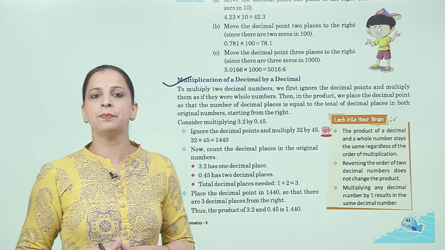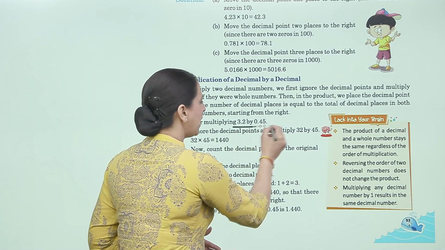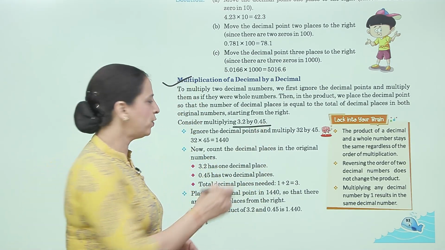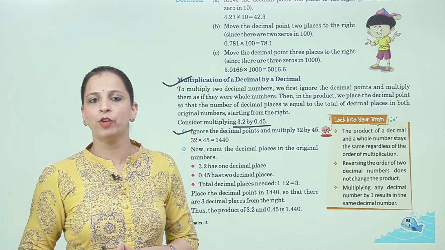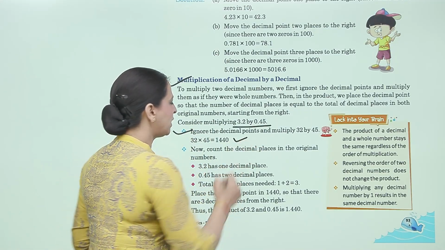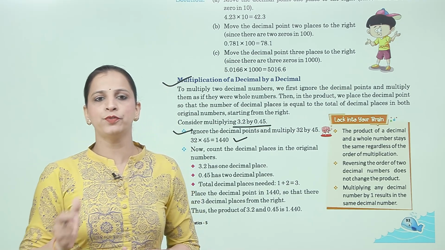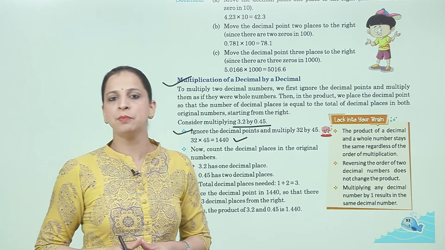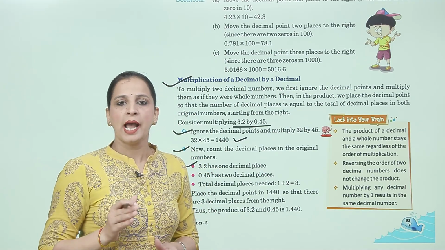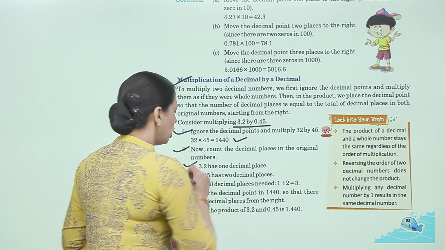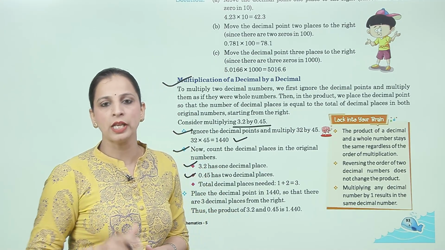Now, consider multiplying 3.2 by 0.45. First ignore the decimal points and multiply 32 by 45. We get 32 multiplied by 45, 1440. Now, count the decimal places in the original numbers. 3.2 has one decimal place. 0.45 has two decimal places.